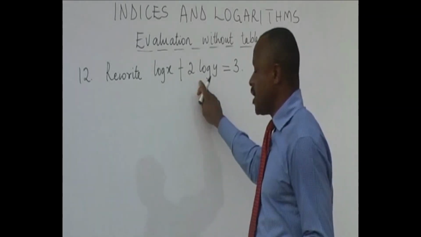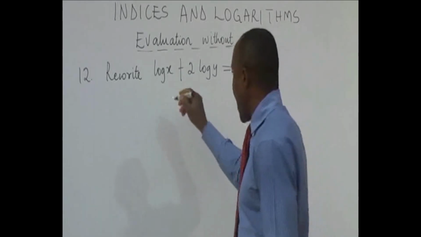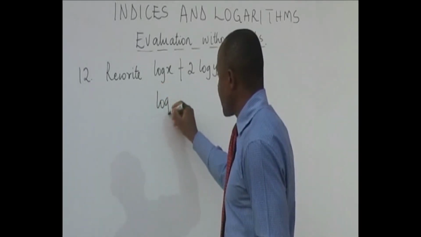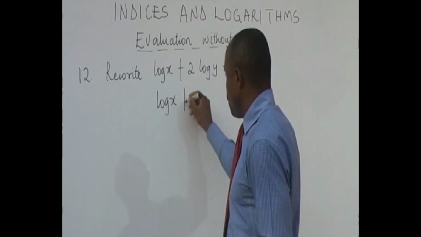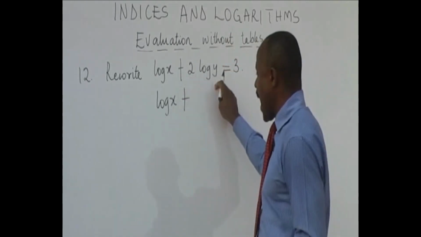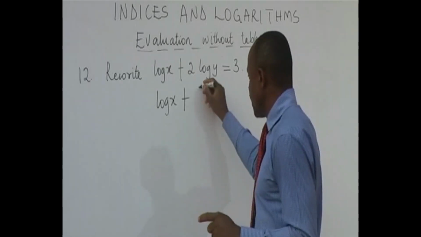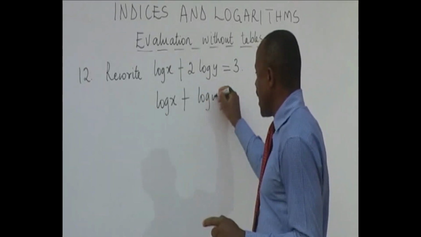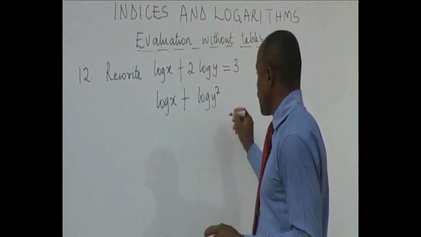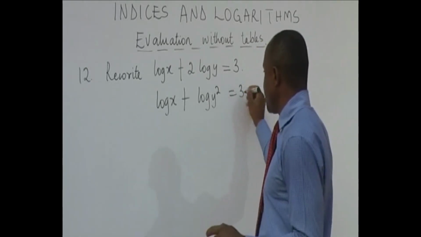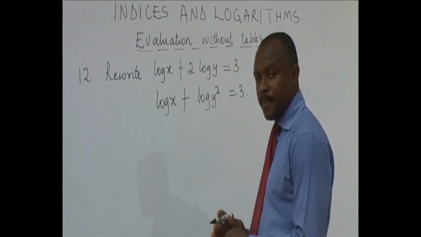Let's first of all change 2 log y. So we're going to have log of x plus 2 log y respecting the third law of logarithms means log of y exponent 2. Everything is equal to 3.